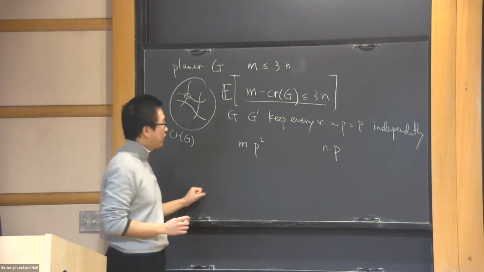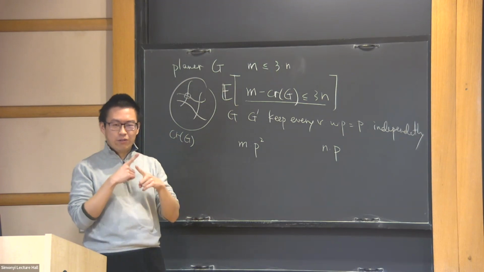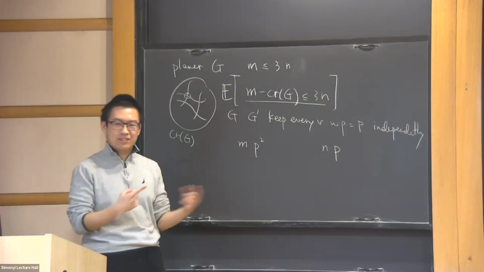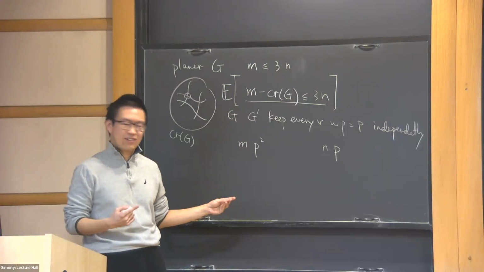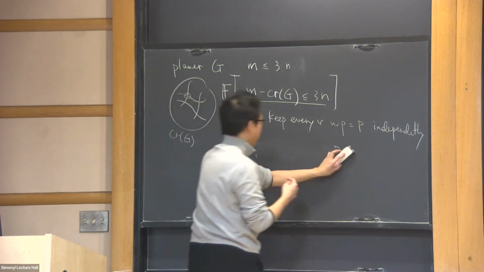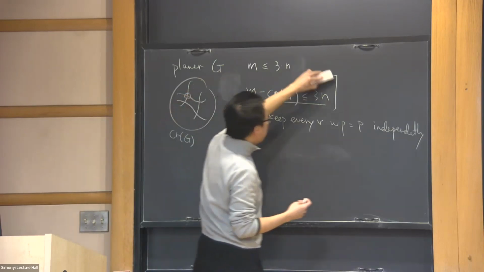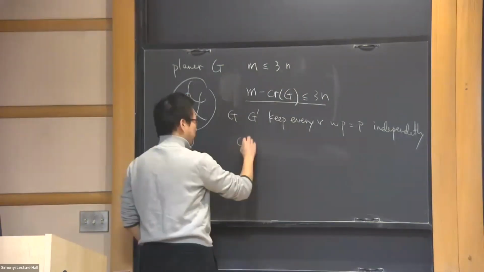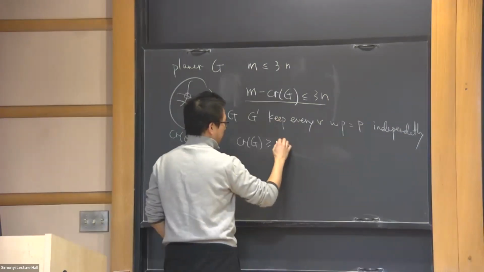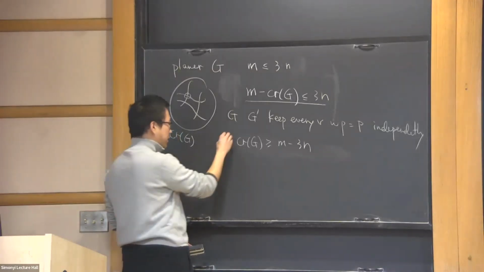What about the crossing number? Every crossing involves 2 edges, so both edges have to remain in the graph for the crossing to remain. Let me first rearrange this: cr(G) is larger than m minus 3n, and we take the expectation of this.